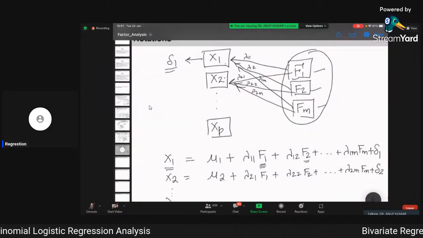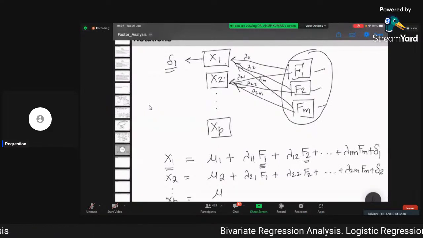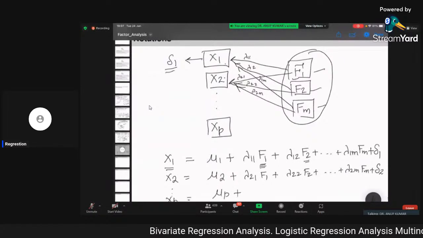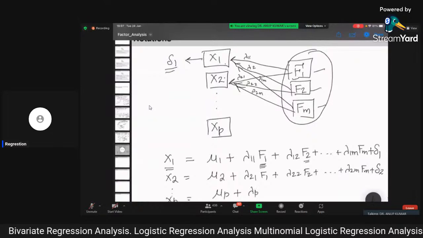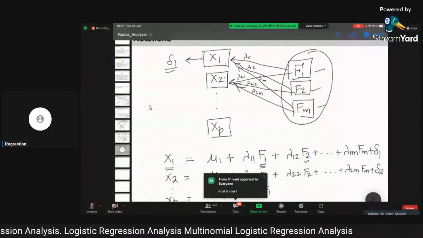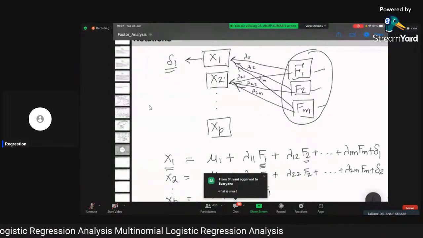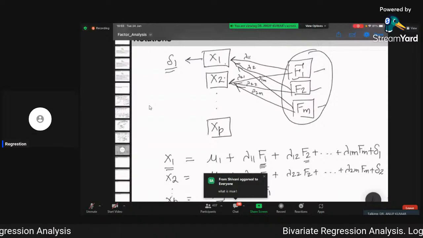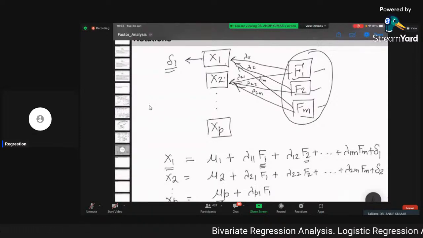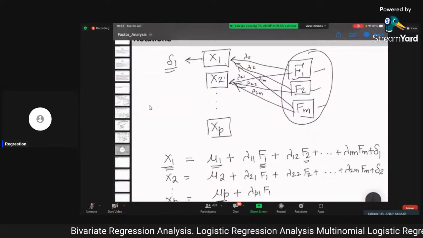And again, if I write it for the last one, it is mu p plus lambda p1 f1, meaning how much f1 is contributing. Mu is the mean vector, the mean of the pth observation, like the mean of mathematics marks, the mean of physics marks. These are the means for the first variable, and this is the mean of the pth variable.